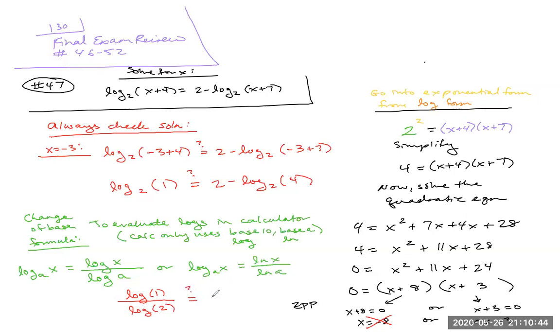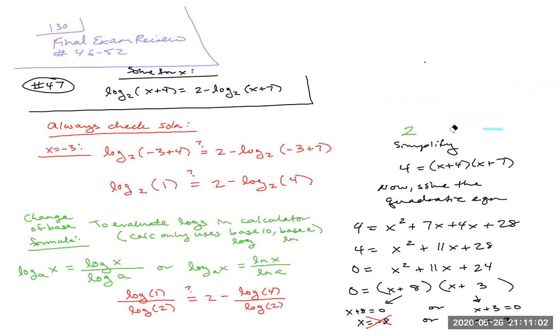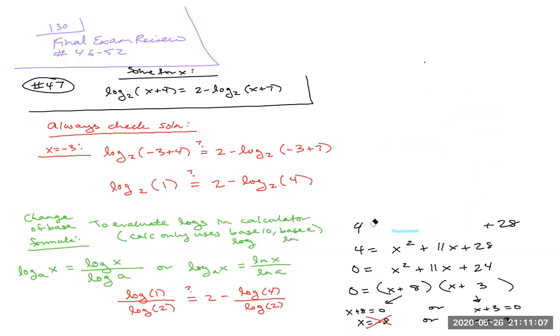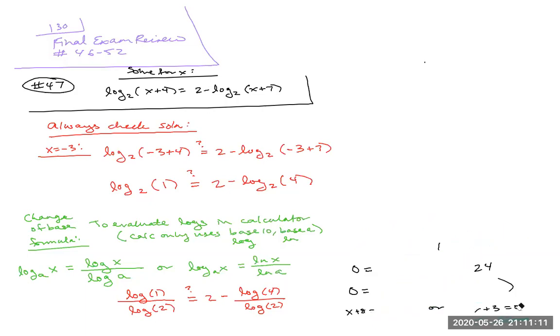You want to know if that's equal to 2 minus log of 4 divided by log of 2. And now we can just plug this into our calculator on either side. Just be careful, especially if you need help maneuvering your calculator, let me know.